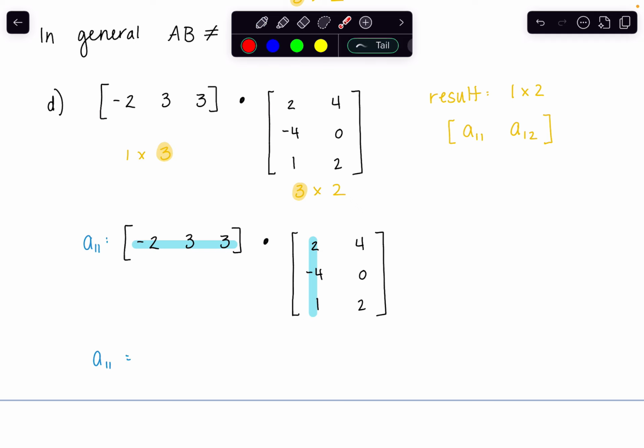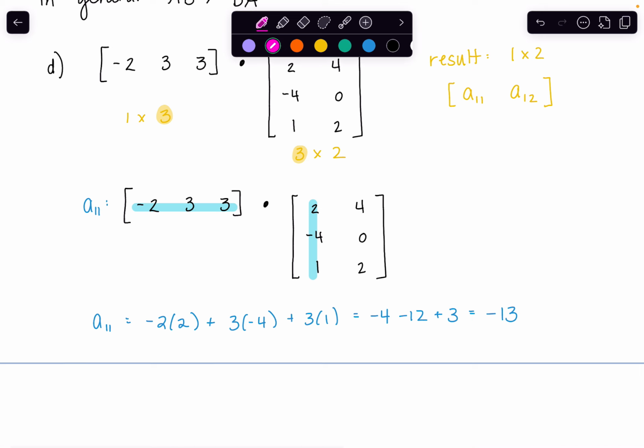So going down the line, -2 times 2, plus my middle term is 3 and -4, and then 3 and 1. So that gives me -4 minus 12 plus 3, and that would give us -13.